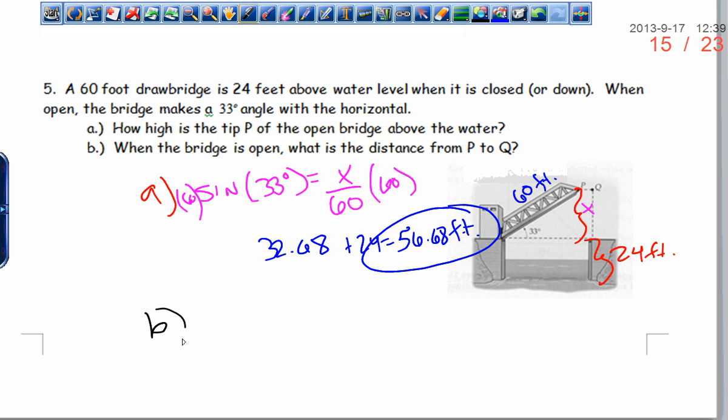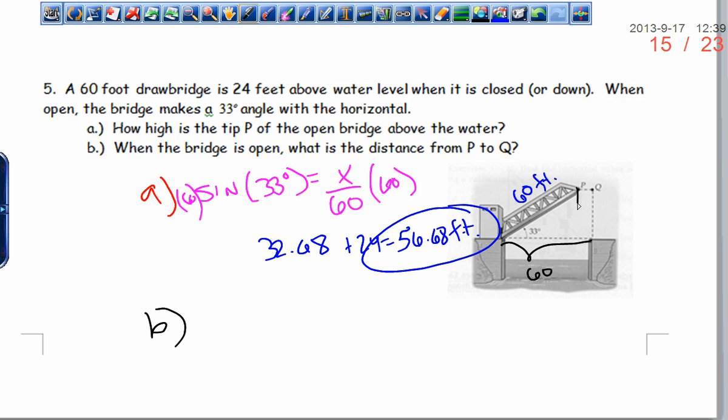And secondly, B. When the bridge is open, what's the difference in distance from Q? Okay, well, you can draw it down. How I see this working is I see that this distance right here is 60, because that's how long the bridge is.